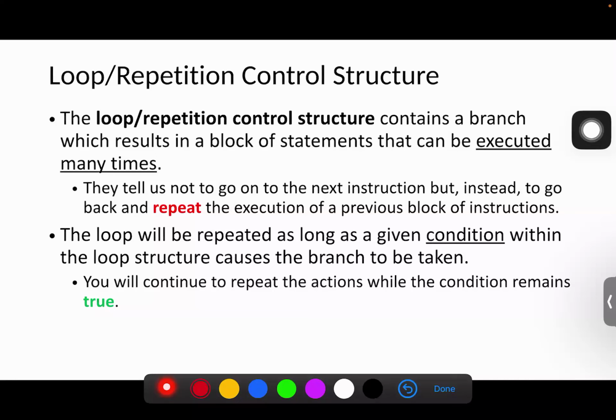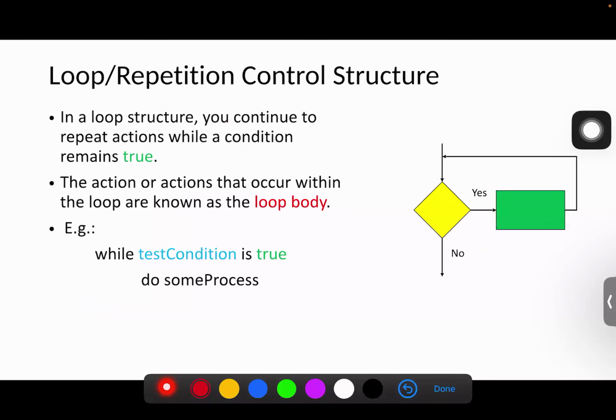Now, we can do the repeat as long as a given condition is true or false. So here too, we'll have to determine whether something is true or false, and based on the response, we will repeat the action. Now let's see an example of how it looks.